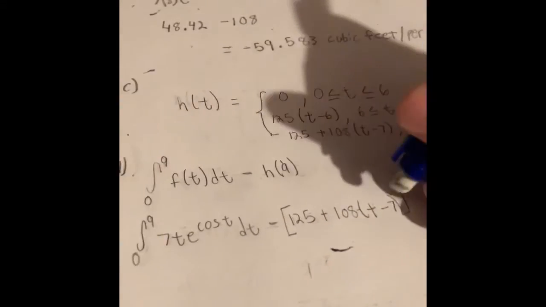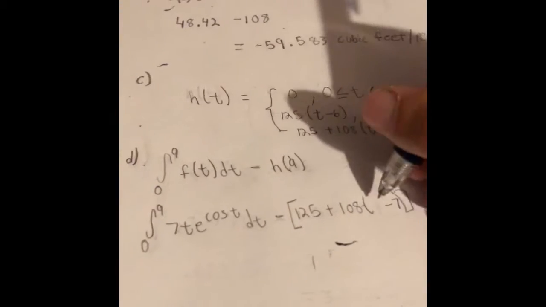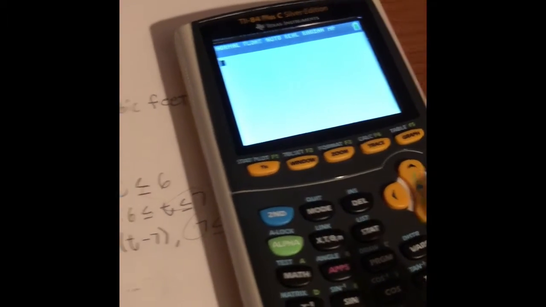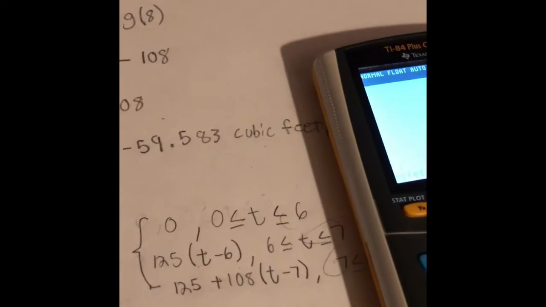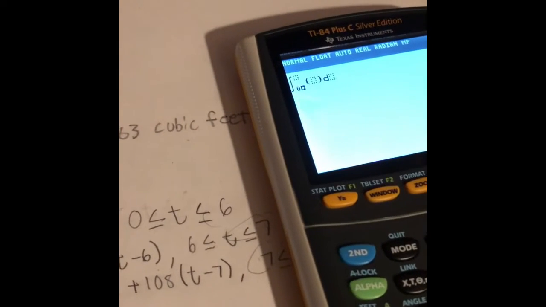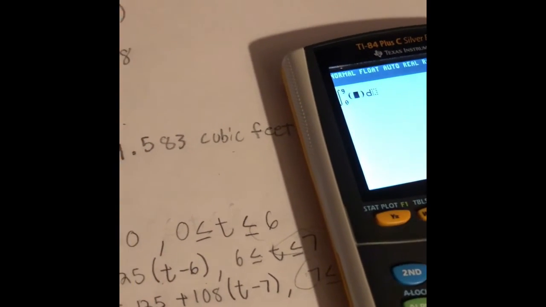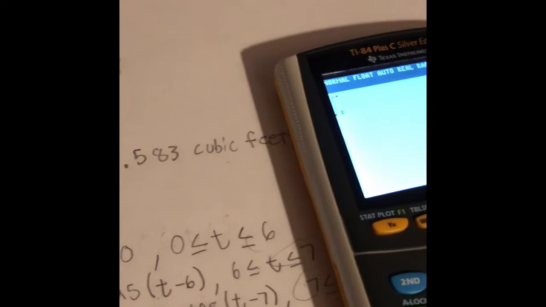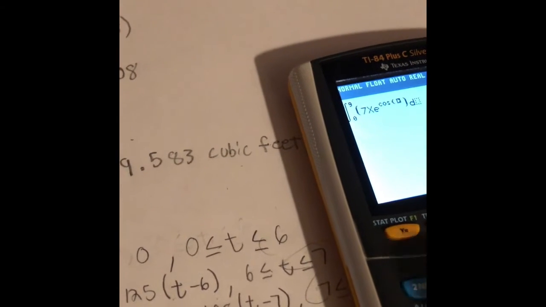But in this case, we can just put the t as 9 because we know that's what we're finding. And so this requires a calculator. Same thing, so plug in math 9. Our boundaries are 0 to 9 because we're looking at 9 a.m. So x exponential cosine.